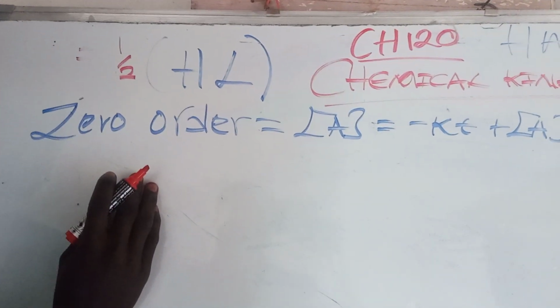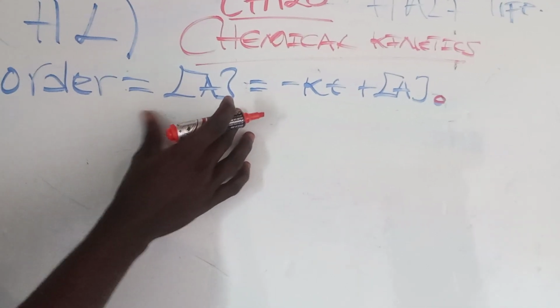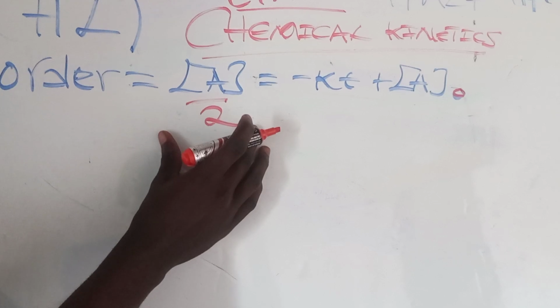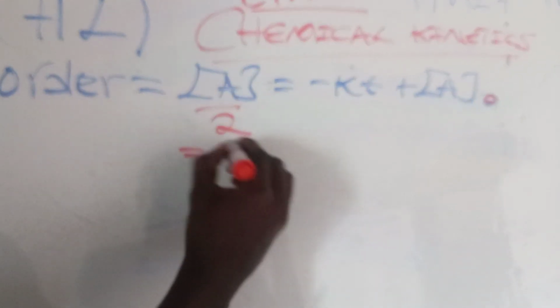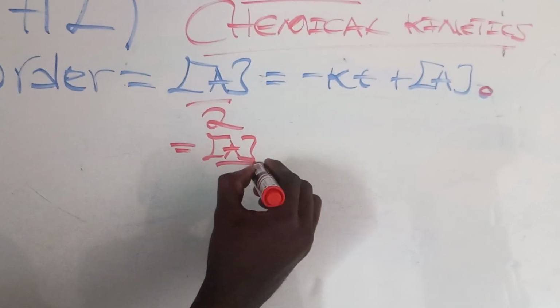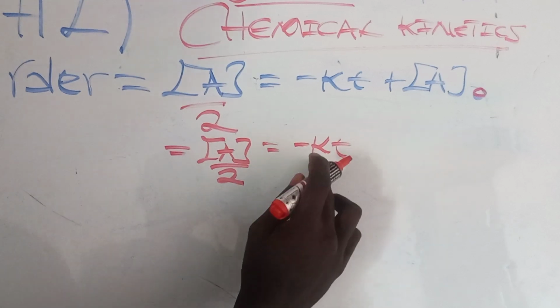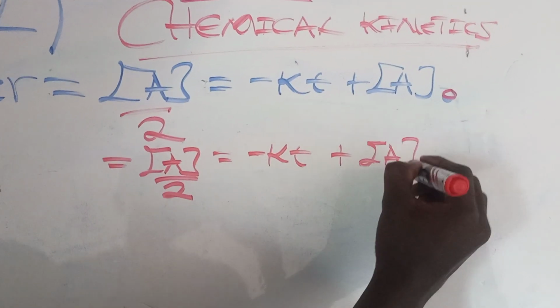That means we divide the concentration of A by 2, or multiply by 1/2. So we have initial concentration of A over 2 is equal to negative Kt, which is rate constant times time, plus initial concentration of A.